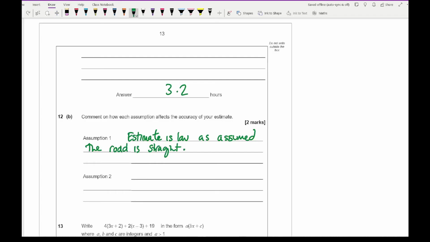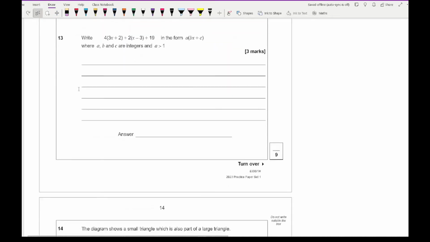And the next one is that the estimate is high if the average speed is higher. So something along those lines would be absolutely fine.